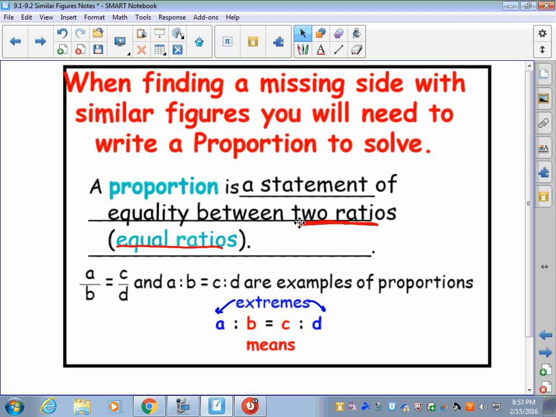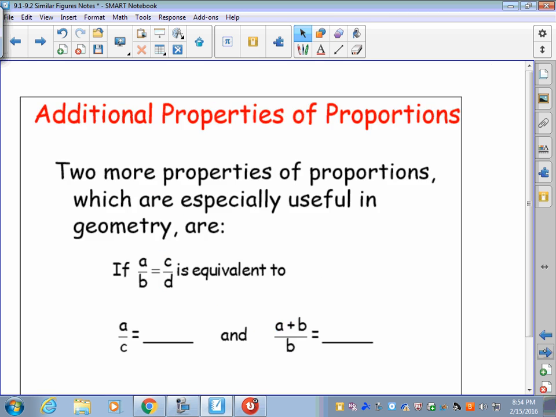Another way I look at it is when you cross multiply: if I'm going from the bottom to the top and multiplying, that's my mean, and if I go from the top to the bottom, that's always my extreme. So that's another way of seeing those parts. Just know the vocabulary and recognize where they are located in a proportion.